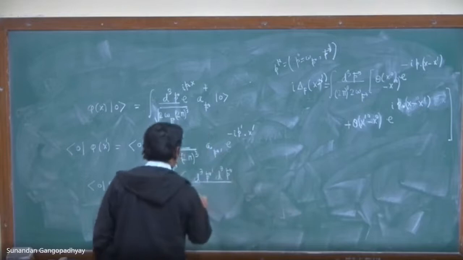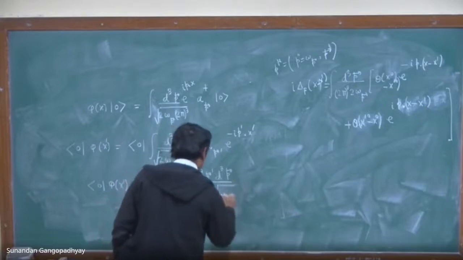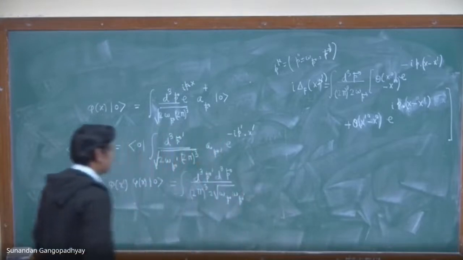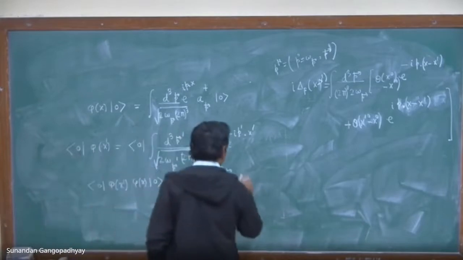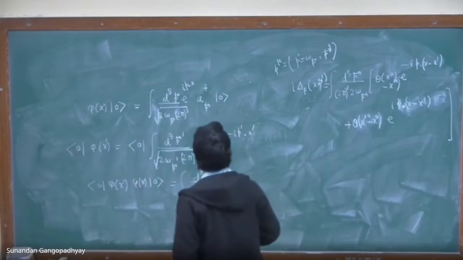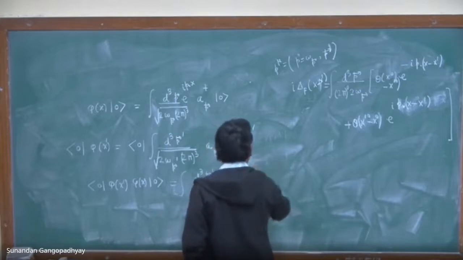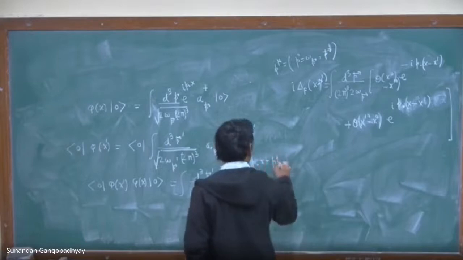Then we have e to the power of i (p dot x minus p prime dot x prime). You cannot write it down like this, you have to write it as e to the power of i (p dot x minus p prime dot x prime). That is how you have to write this. And then we have <0| a p prime a dagger p |0>. So this quantity therefore is equal to this.